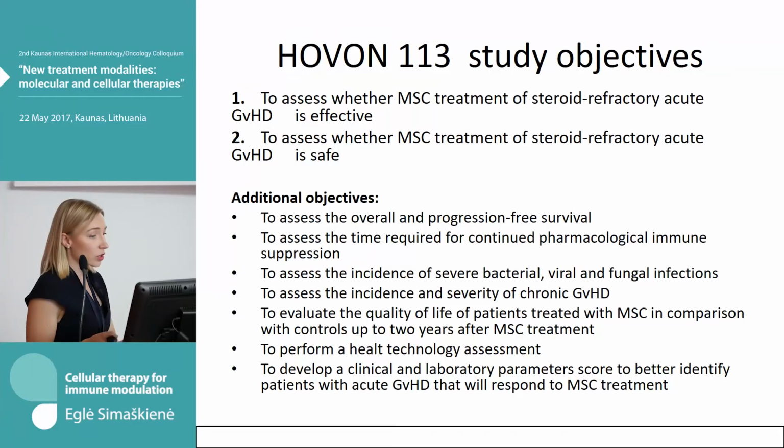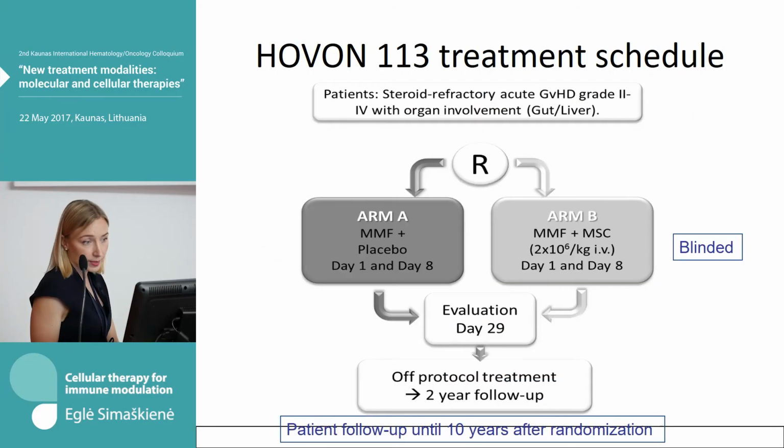Of course, additional objectives were to assess the overall and progression-free survival, the time required for continued pharmacological immune suppression, the incidence of severe infections, the incidence and severity of chronic GVHD in this group, and many other objective aims.